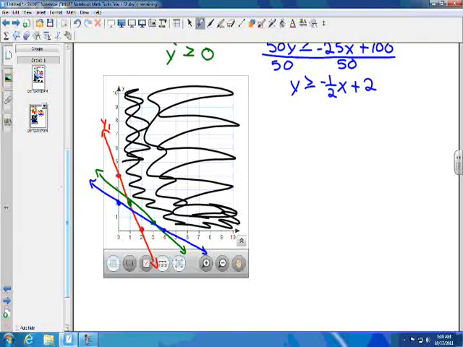Remember though, I didn't darken these in, but these are boundary lines also, your X and your Y axis. So it can't go below that or to the left of that.